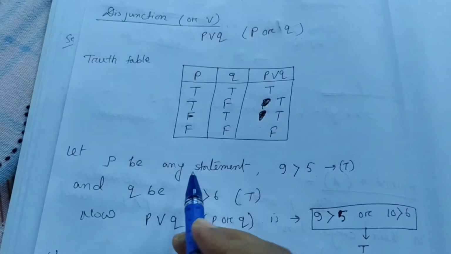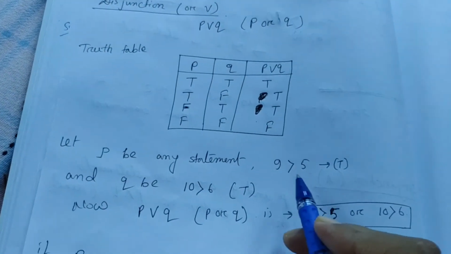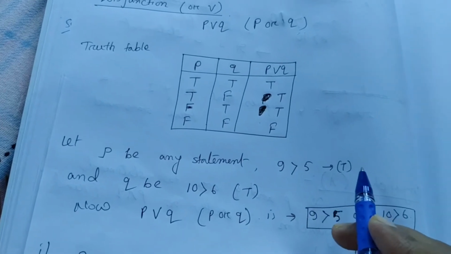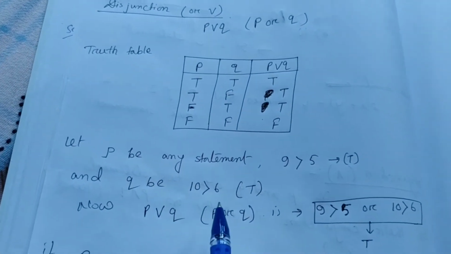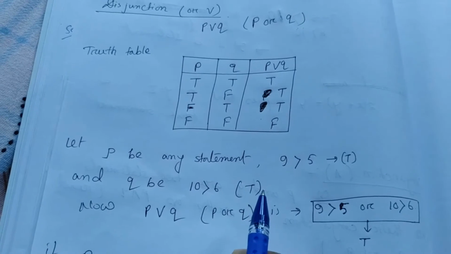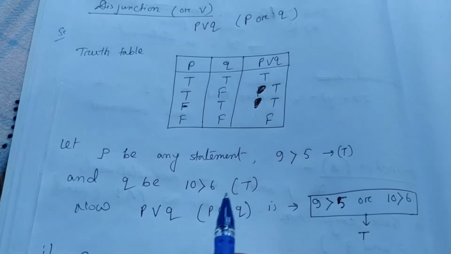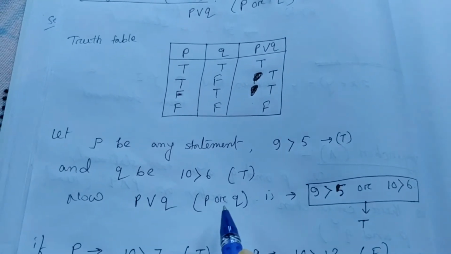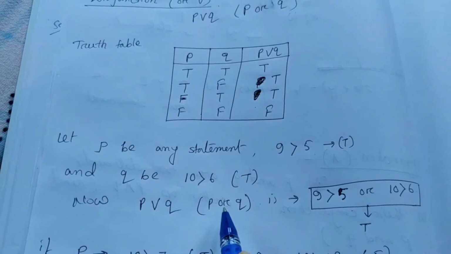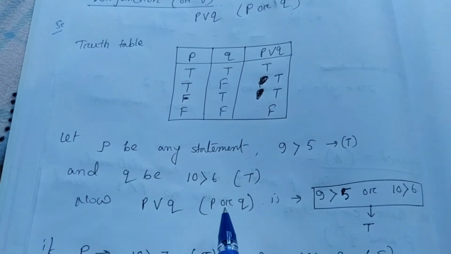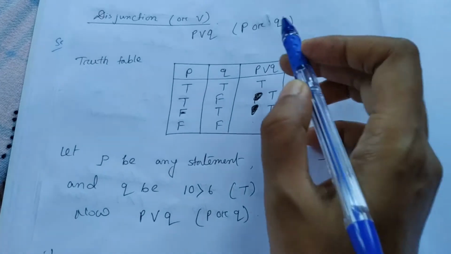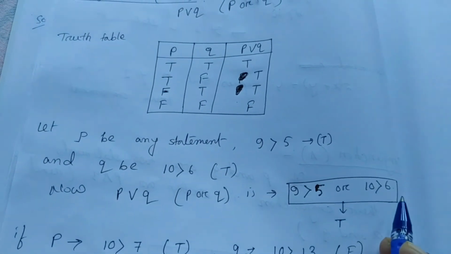Now see, if P is any statement, suppose 9 is greater than 5, which is a true statement, and Q is 10 greater than 6, which is also a true statement. Now if I combine these two using the word or, remember this is not and, the earlier one was and, it is or. Disjunction is written as or. So or means 9 is greater than 5 or 10 is greater than 6.